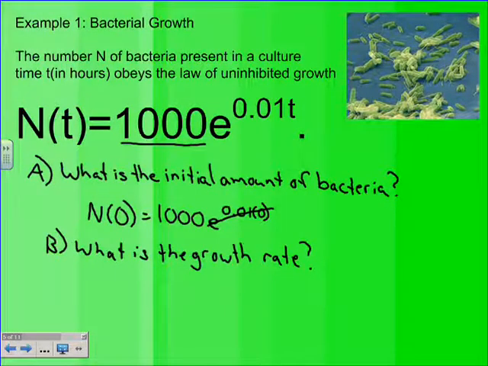What is the growth rate of this bacteria? 0.01, so what percent? 1%. And then 1%, probably add to it per hour. We were told our t was in hours. So every hour, that's what's happening.